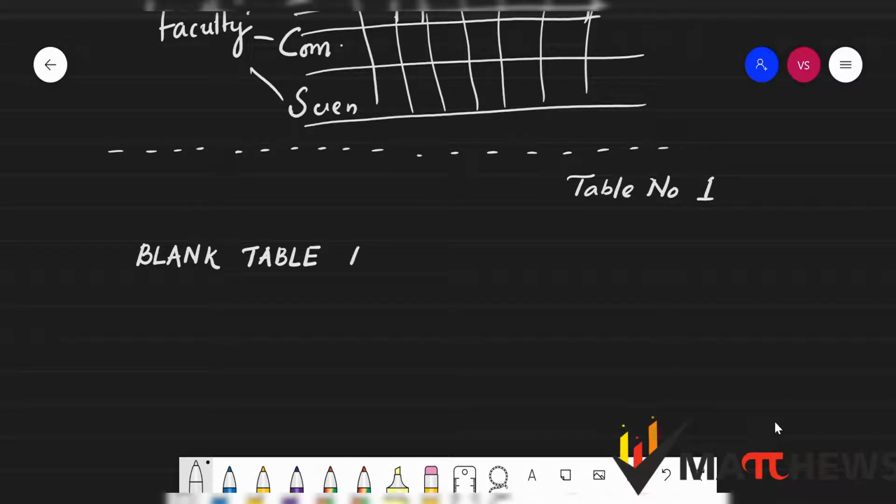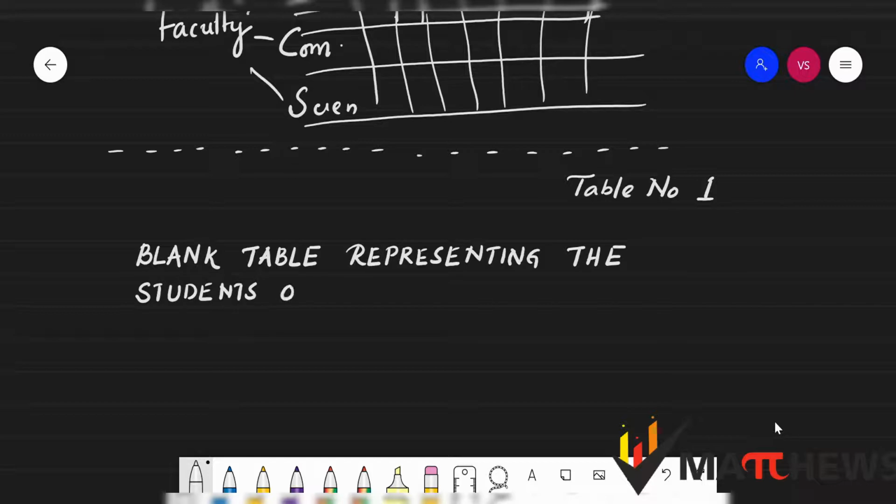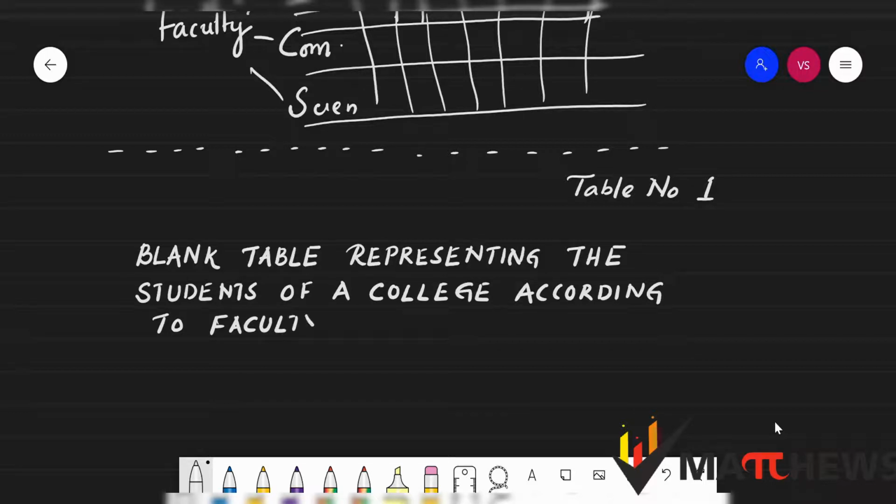Blank table representing the students of a college according to faculty, then the sex and the class, students.